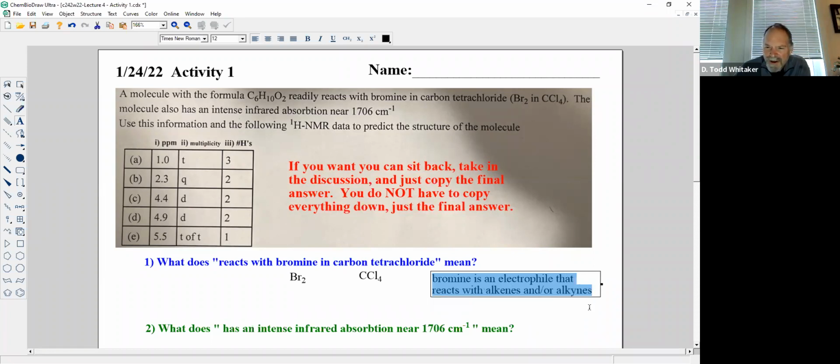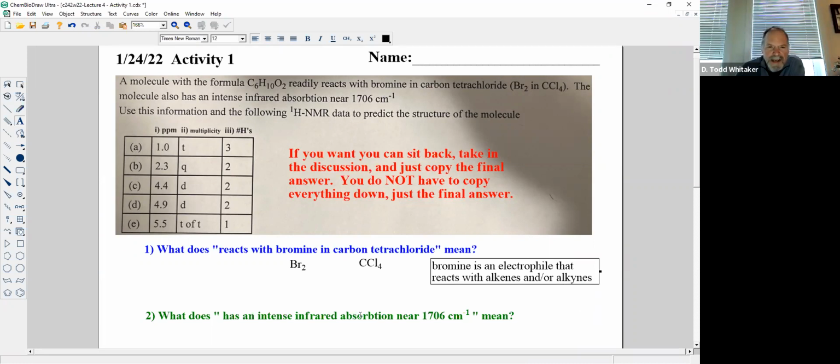So you're told you have an alkene or an alkyne. Okay. An electrophile that reacts with alkenes or alkynes. What does an intense infrared absorption near 1706 reciprocal centimeters mean? This is infrared spectroscopy information, which we're not going to cover in this course.